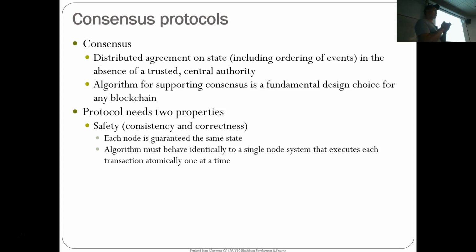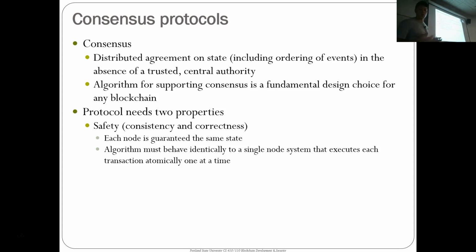And correctness: there are no invalid sequences of transactions in the log. So that's what these two things are. Guaranteed same state. And then the algorithm is such that the transactions in that log will basically behave identically to a single node system that executes each transaction atomically one at a time.